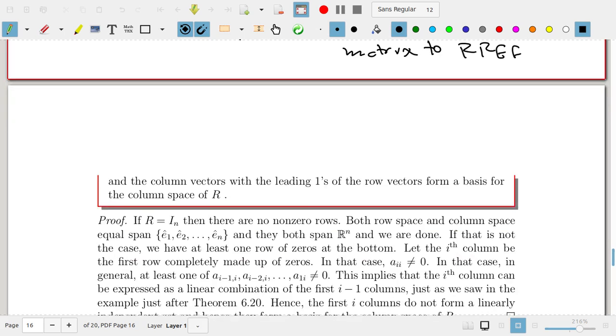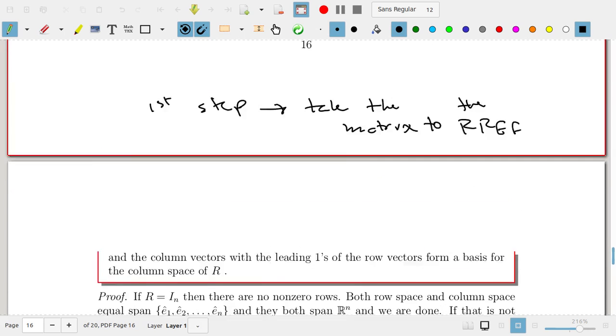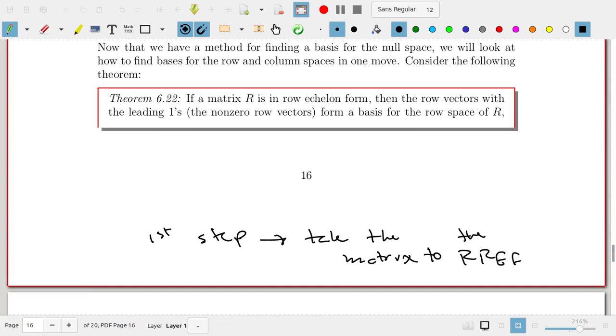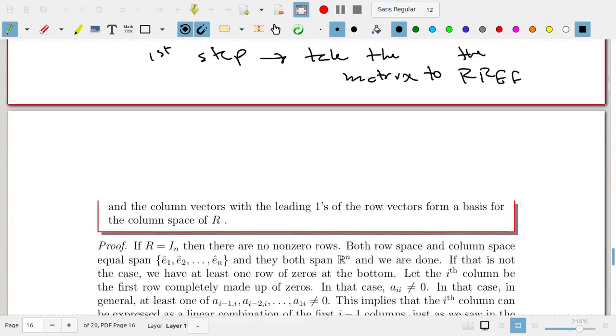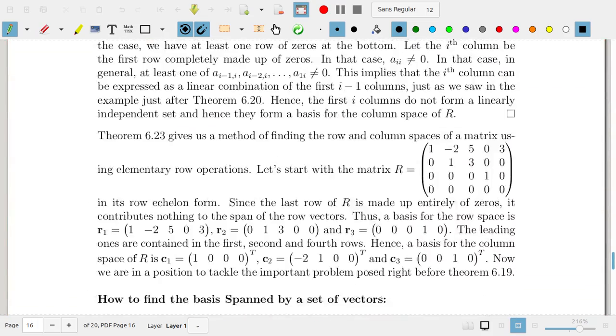Once you do that, according to this theorem, the row vectors with the leading ones form a basis for the row space, right? And the columns that contain those leading ones form a basis for the column space.